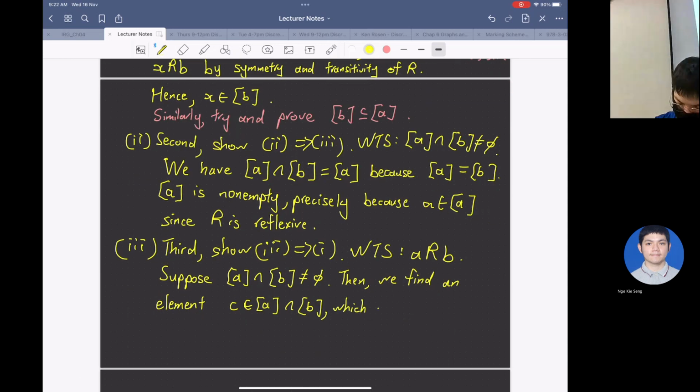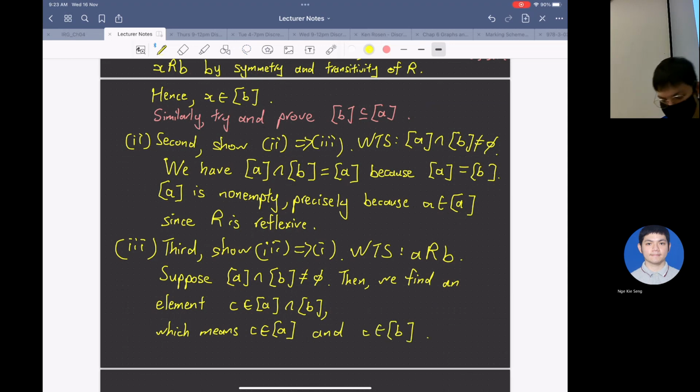Which means C is in A and C is in B. So when C is in A, we have C is related to A. And if C is in B, we have C is related to B.